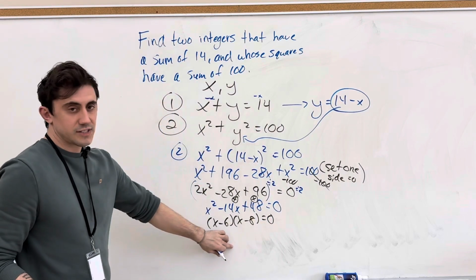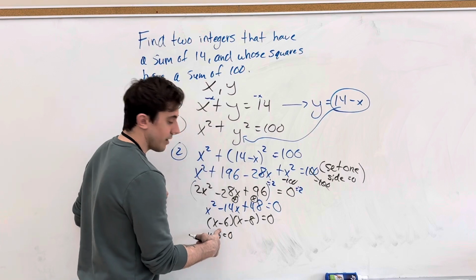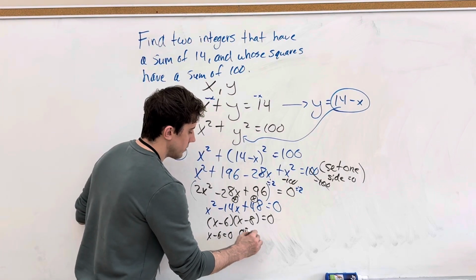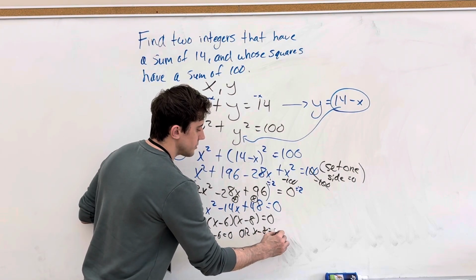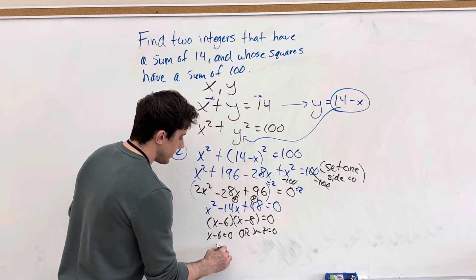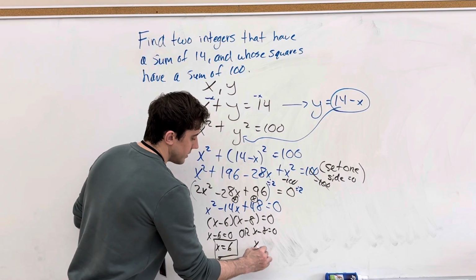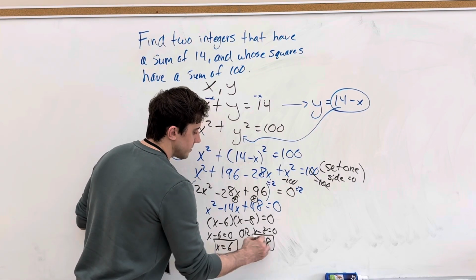And now by the zero-factor law, we know that either x minus 6 is equal to 0, our first factor, or x minus 8 is equal to 0, our second factor. If the first one is true, then x is equal to positive 6. And if the second one is true, then x is equal to positive 8.